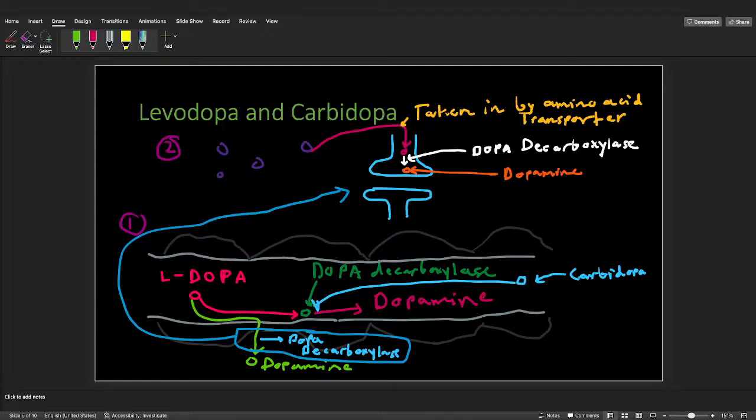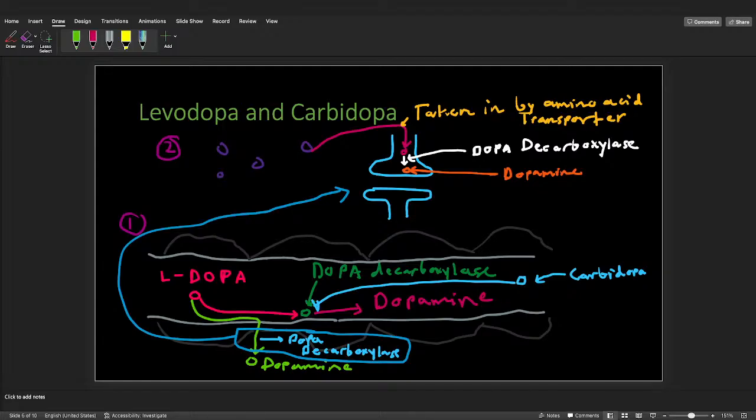Before it gets to the brain tissue, a lot of times levodopa by itself cannot be taken because it is going to be broken down in the process. Levodopa gets converted into dopamine by dopa decarboxylase, which is one of those enzymes you would find floating around in the blood and brain.